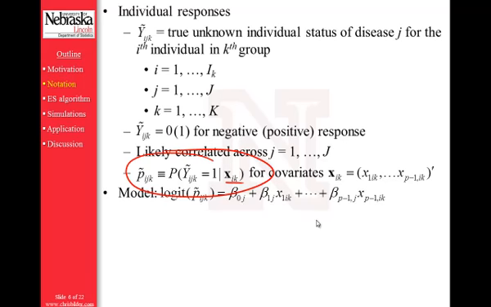So then for my model, we could simply work with a logit model in this particular situation, where we have the logit of P tilde sub ijk equal to a linear combination of my covariates with a set of parameters, or betas, that we want to estimate. Notice here on these parameters I have a subscript J that corresponds to the particular disease.